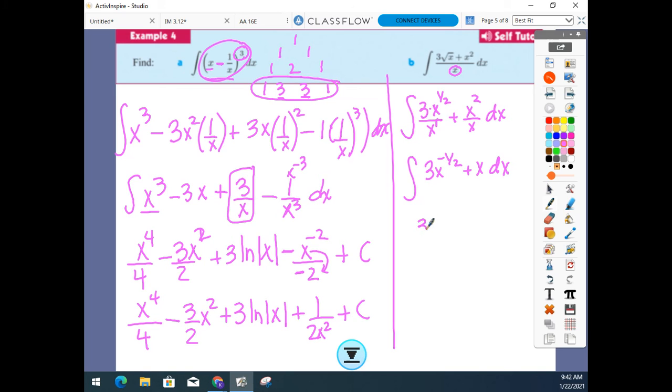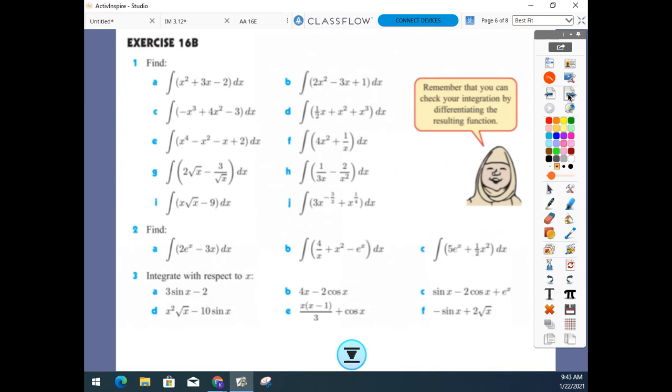Add 1 and divide by 1/2, which means multiply by the reciprocal. Add 1, and divide, plus c. So this ends up being 6 x to the 1/2 plus x squared over 2 plus c. And that's it.